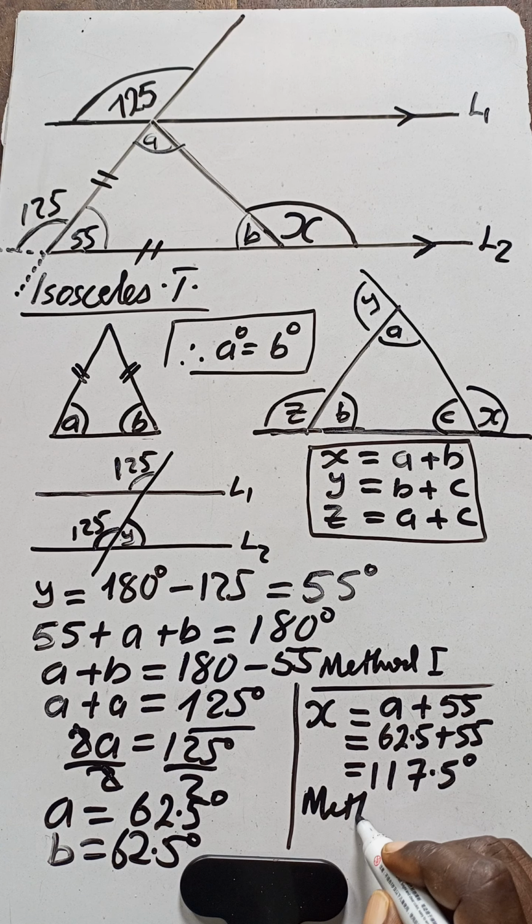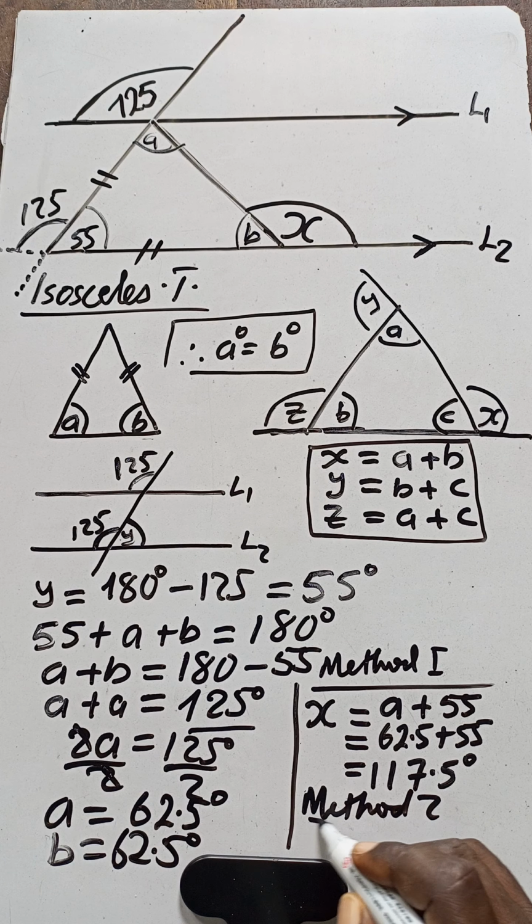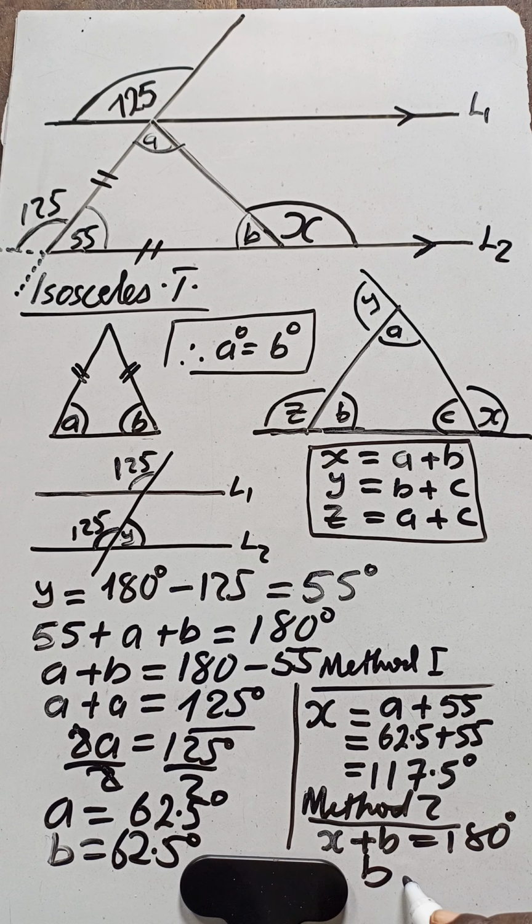All right. Second method, method 2, is to use angles on a straight line. Angle X and B are on the straight line L2. So we expect the sum to be 180. So X plus B must be 180 degrees. And we know B is 62.5 degrees.